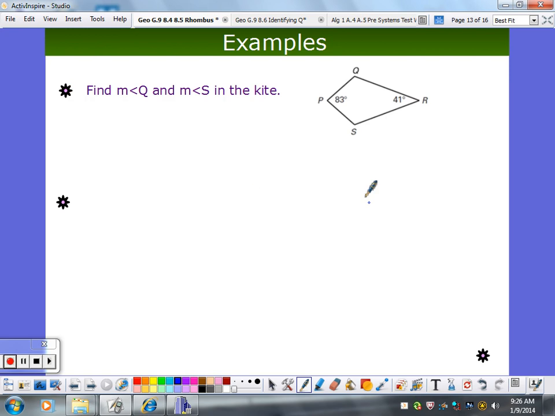Okay, so examples. Can I find the measures of Q and S in this kite? Given that it's a kite, what do I know about these two? They're the same. So if this is X, this one's X. What do they all add up to? 360, so 83 plus 41 plus X plus X. What's 83 plus 41?